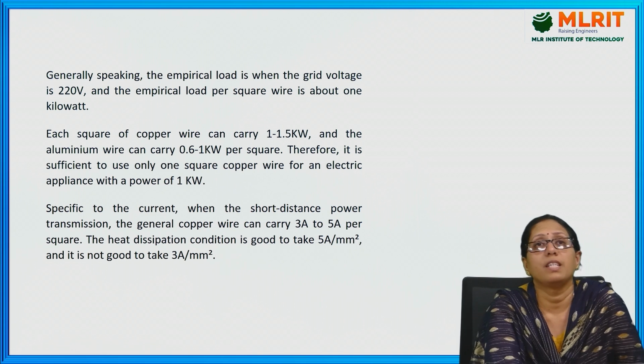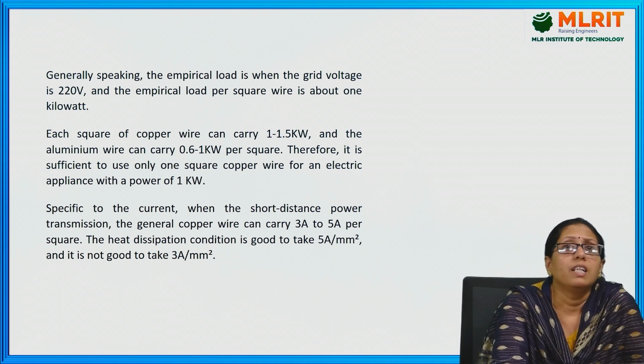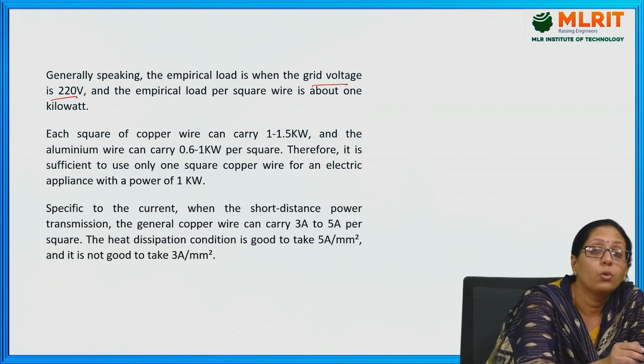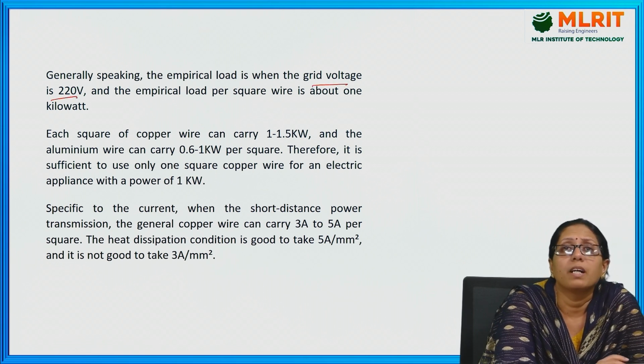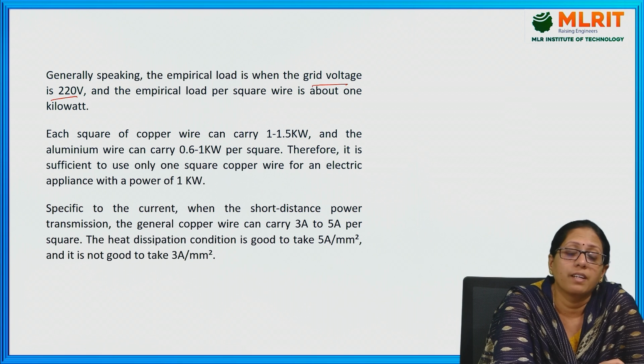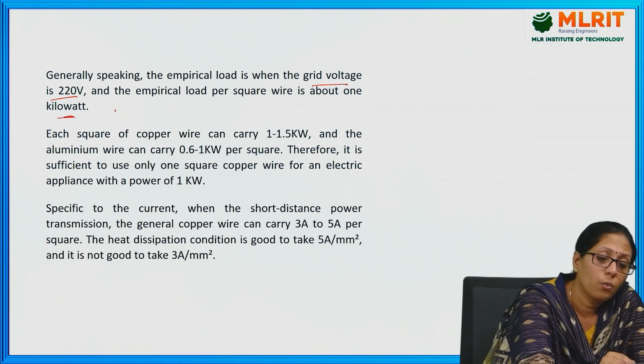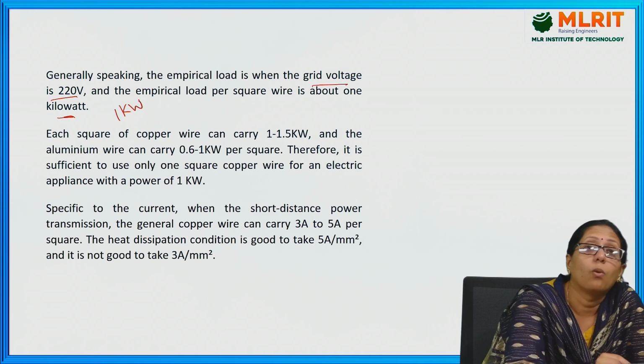Here you can see that generally, when the grid voltage is 220 volts, the empirical load per square millimeter of wire is about 1 kilowatt.